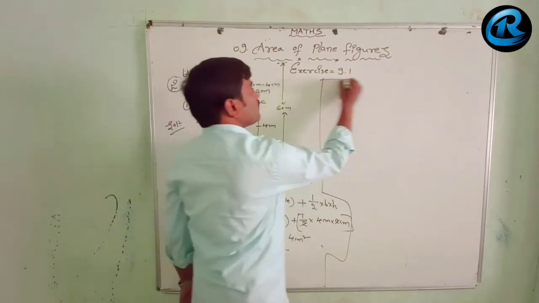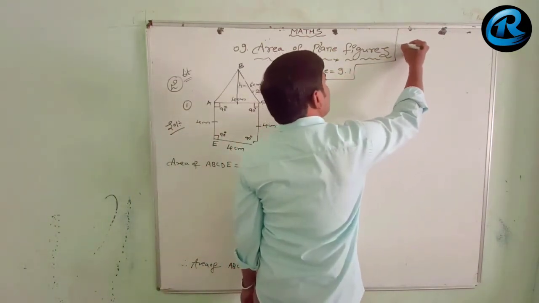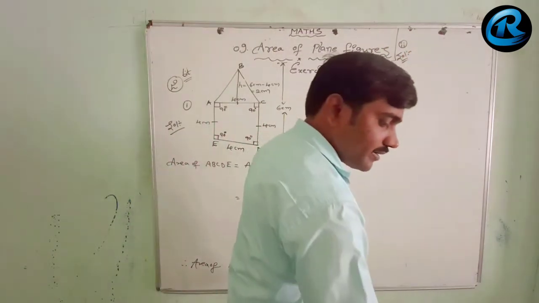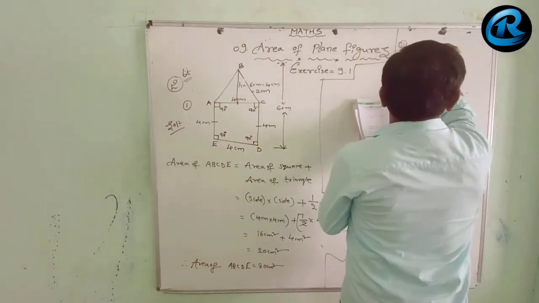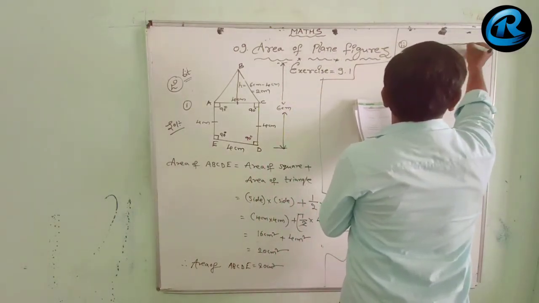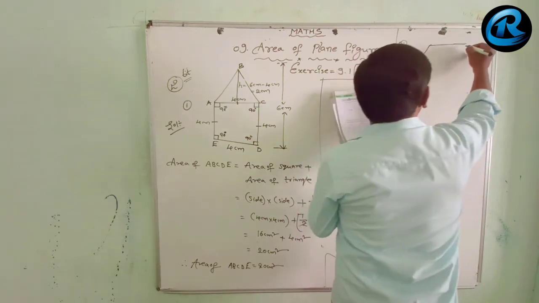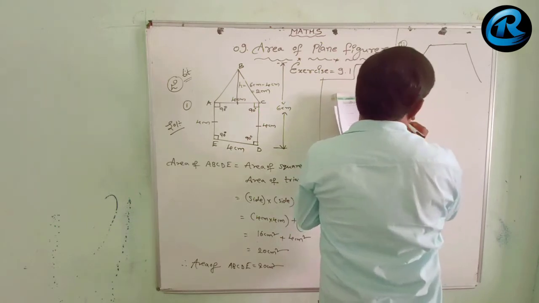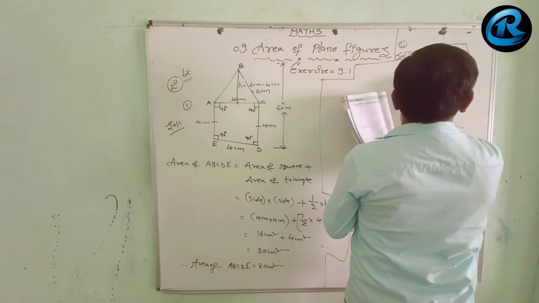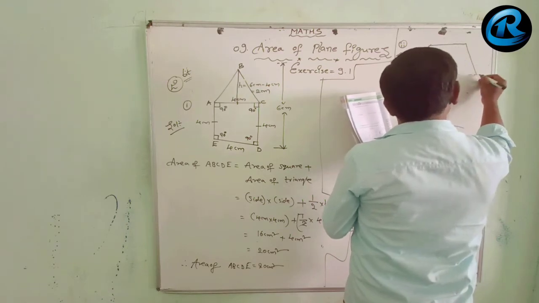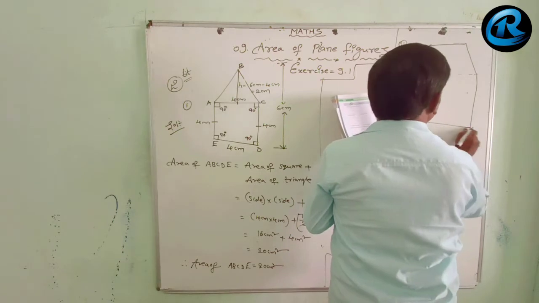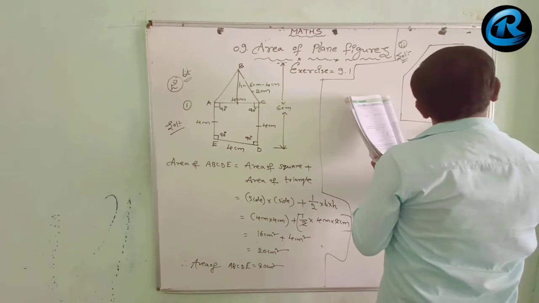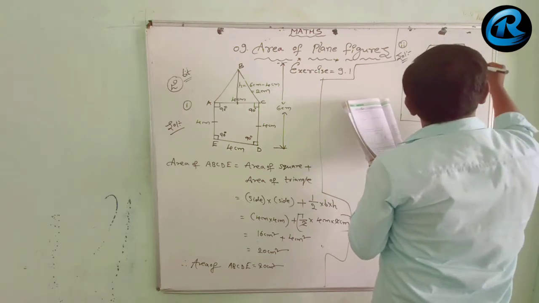Now let us go for the second one. See the second figure, it will be like this. Okay, let me draw this second diagram. Now, what known figures can we form here?